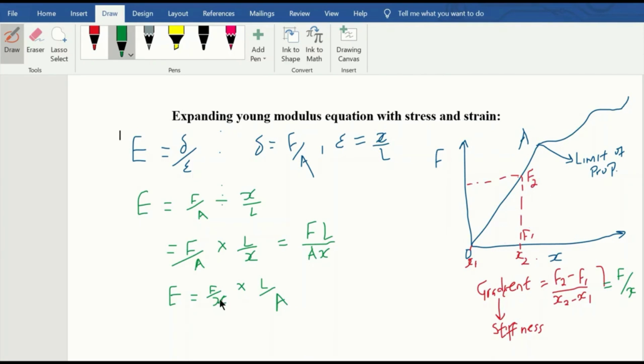So I can replace force over x with gradient or with stiffness, because the gradient of this force extension graph is also known as the stiffness.